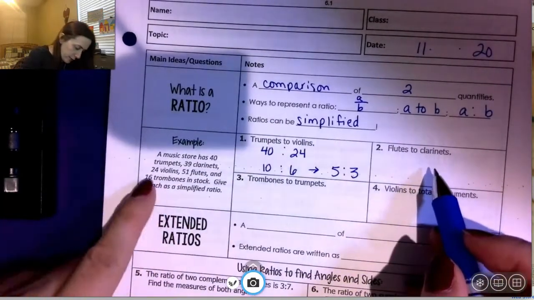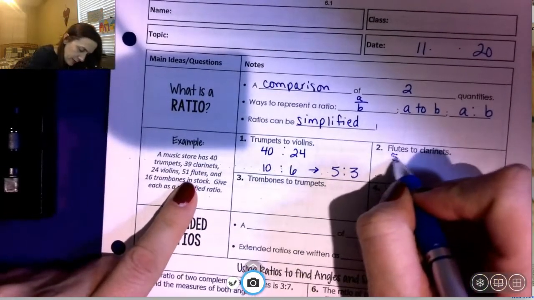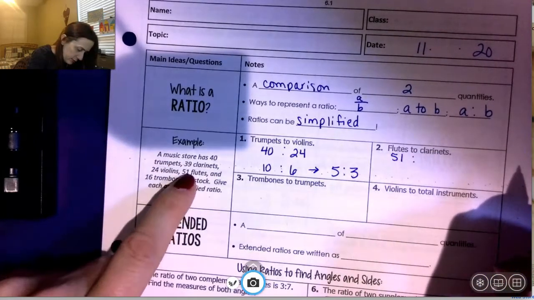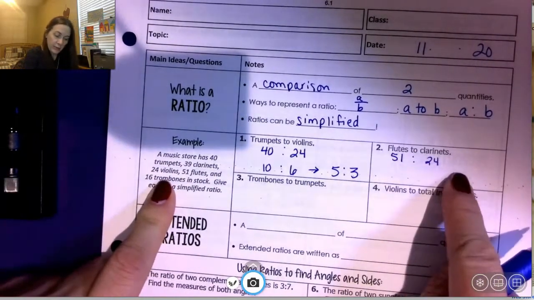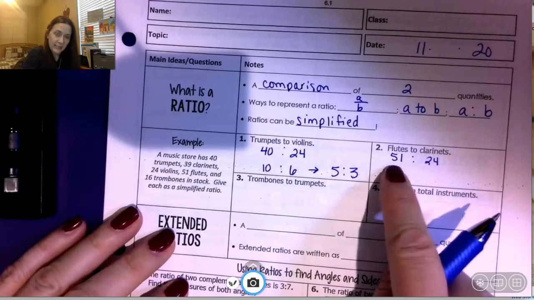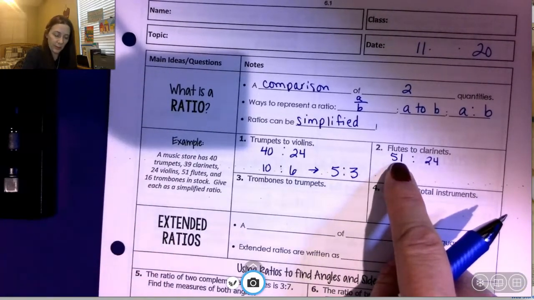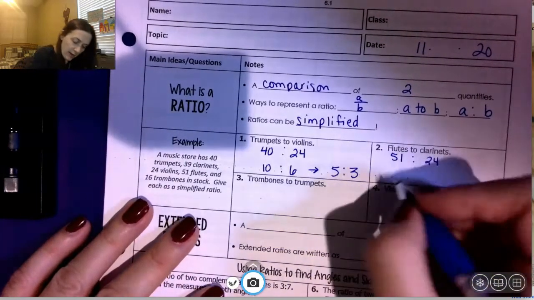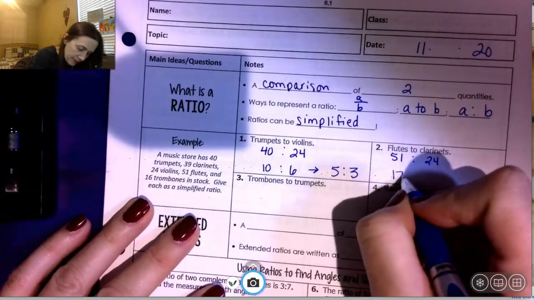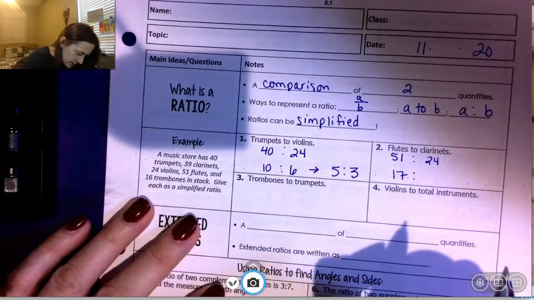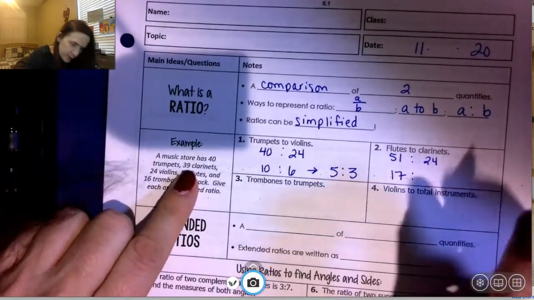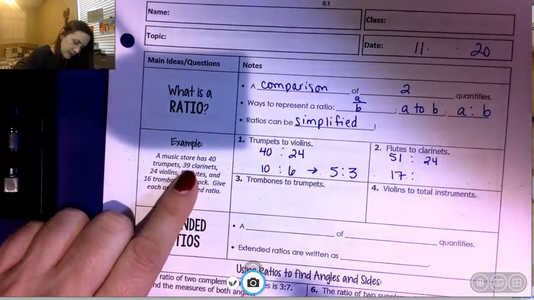Over here we have flutes are 51 to clarinets, which are 24. Now there is a common factor here of 3. 5 plus 1 is 6, letting you know that it is divisible by 3. We end up with 17 to... I wrote that wrong. Clarinets were 39. Are you able to catch that?